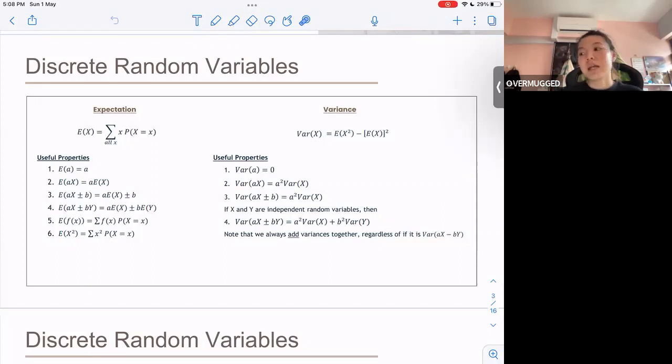And I won't be going super into the nitty-gritty details of the respective topics. It's really focusing on what's important for the exam and for the questions that you have, because we have such little time. So without further ado, let's get started.